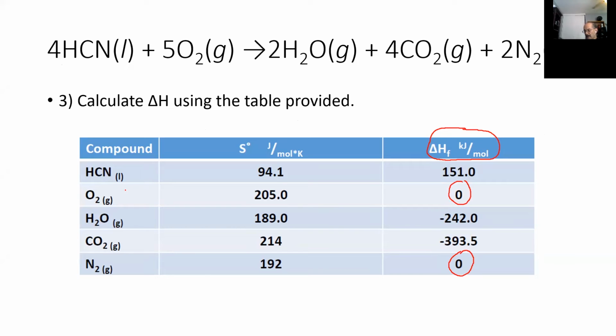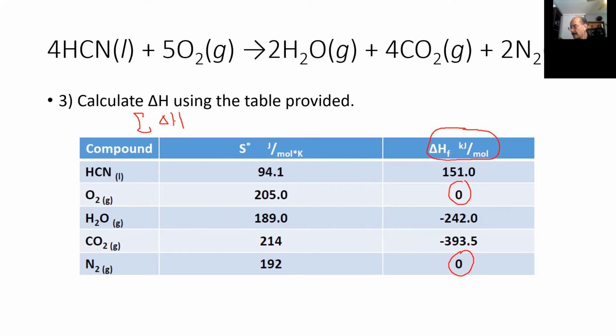So if instead of oxygen like this, it were ozone, O3, that number would not be 0. If this were, instead of N2 nitrogen, monatomic nitrogen, N, that number would not be 0 either. But again, this is essentially the summation of the delta H's. And remember, these are delta H of formation.